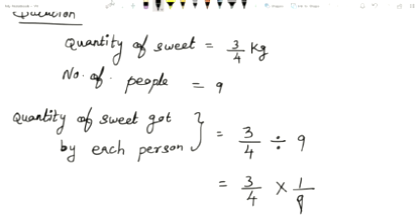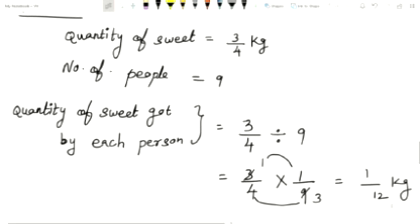1 by 9. So now see here. 3 ones are 3. 3 threes are 9. Okay. Now you multiply this numerator 1, divided by denominator 4 threes are 12 kg. So what is the answer, children?